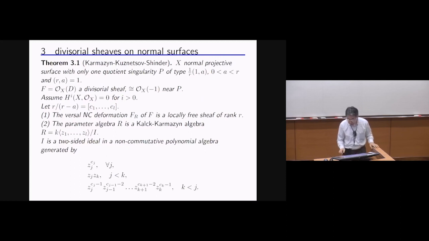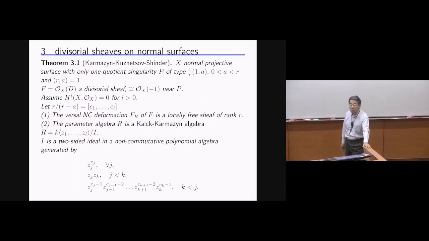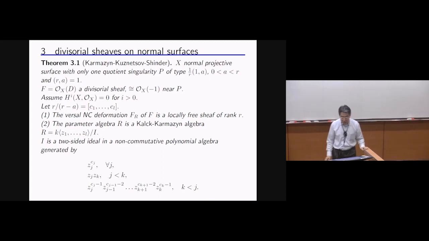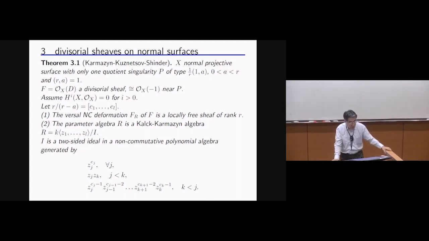Okay. So now I'd like to talk about examples. Especially in the case of surfaces, it works very well. On a surface, I want to consider deformation of divisorial sheaves.